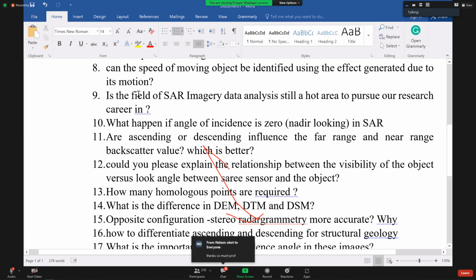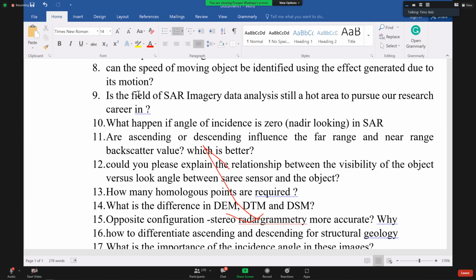That includes all of them. Now, DTM and DSM, they are not identical. So DSM is the digital surface model. That is the height of the surface. And DTM is the terrain model. That's the height of the ground.